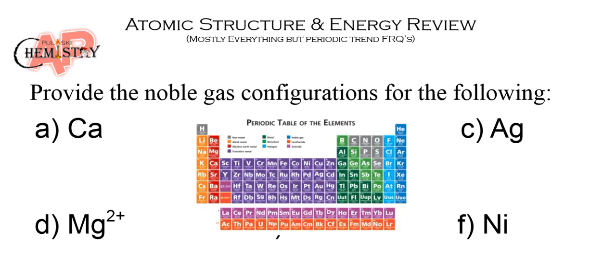And we use that to basically include all of the core electrons, the inner electrons. And then we have to place and write out the electrons that are on the final row, or usually the valence electrons, the outer electrons of that atom.